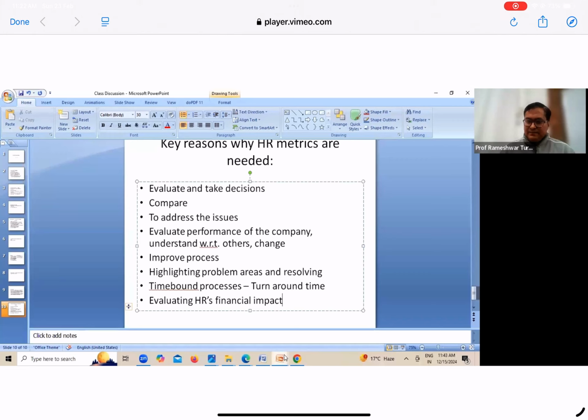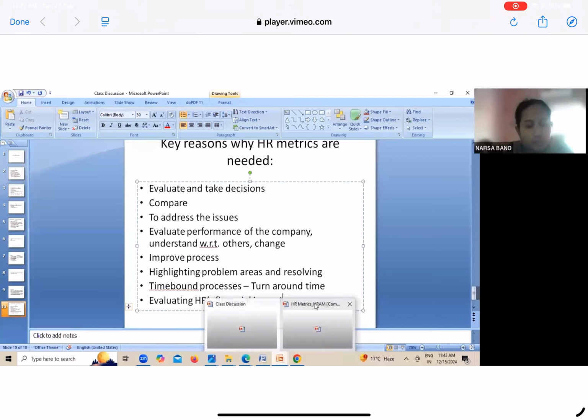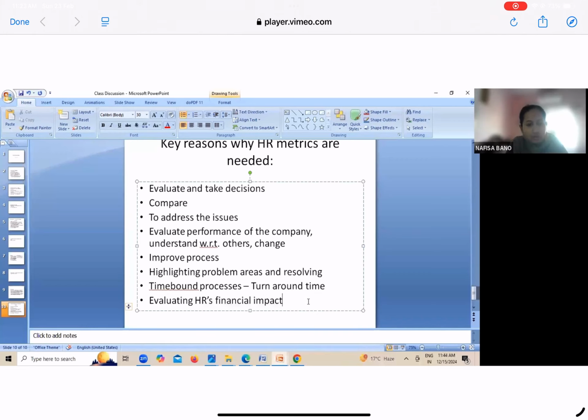The HR metric is also required to improvise our methods. Suppose the time taken for the entire recruitment process is greater, then we can improvise our processes to reduce the time. It can also tell whether it is an appropriate method we are implementing. Are we getting the results in this way? For example, I want to teach compensation.